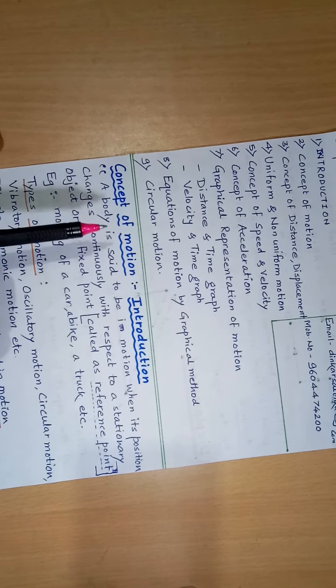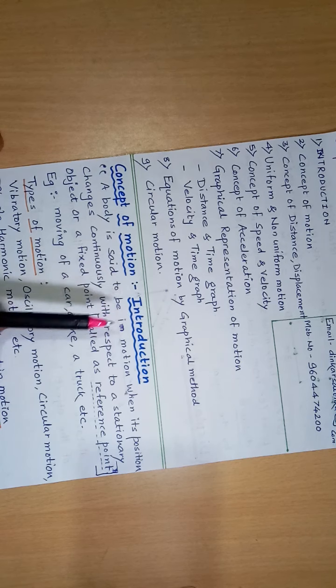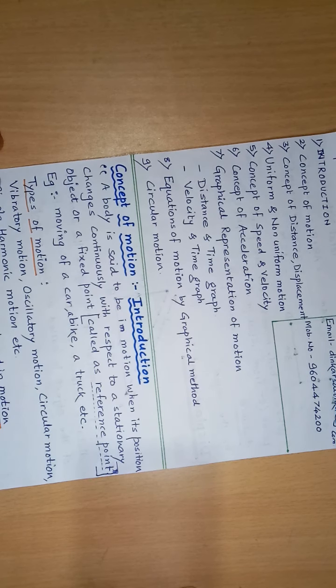So let's start with the motion of an object. In day-to-day practice also we use this word motion, but strictly speaking, motion is a term related to the movement of an object. The definition of motion from the physics point of view is: a body is said to be in motion when its position changes continuously with respect to a stationary object or a fixed point.